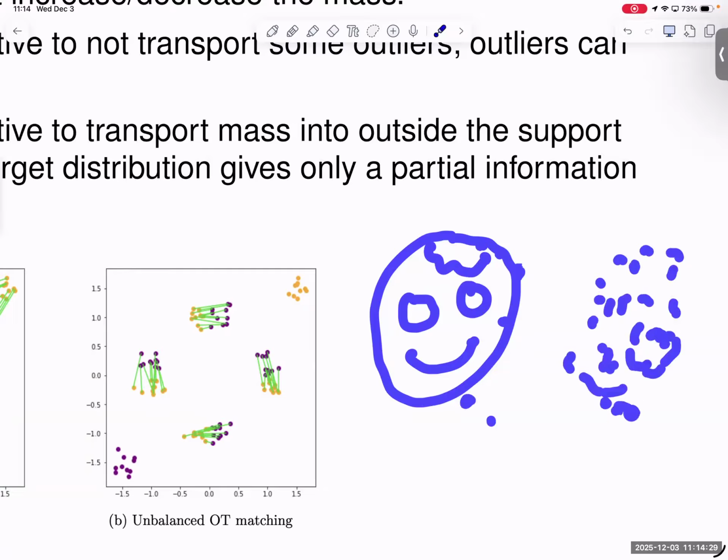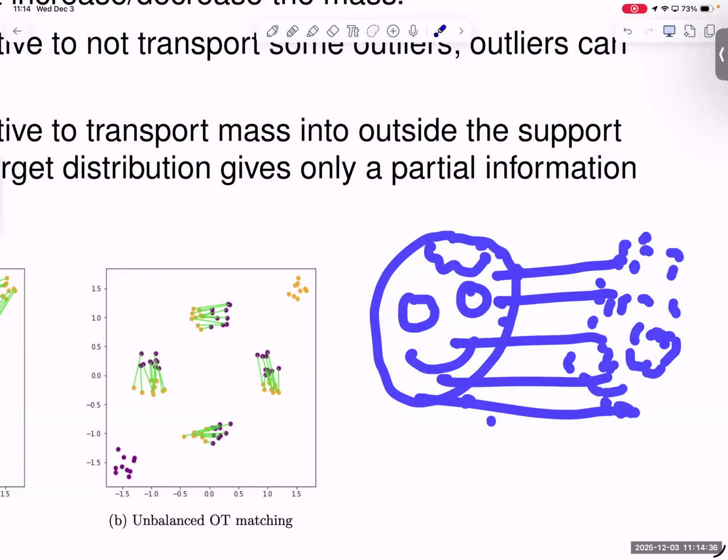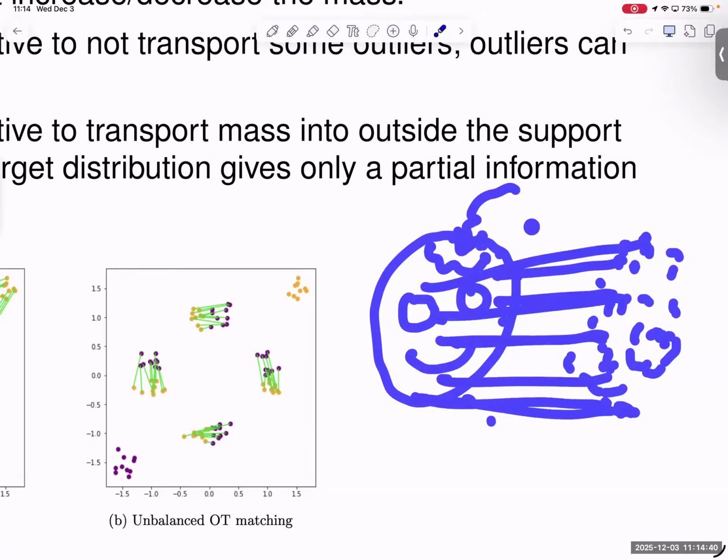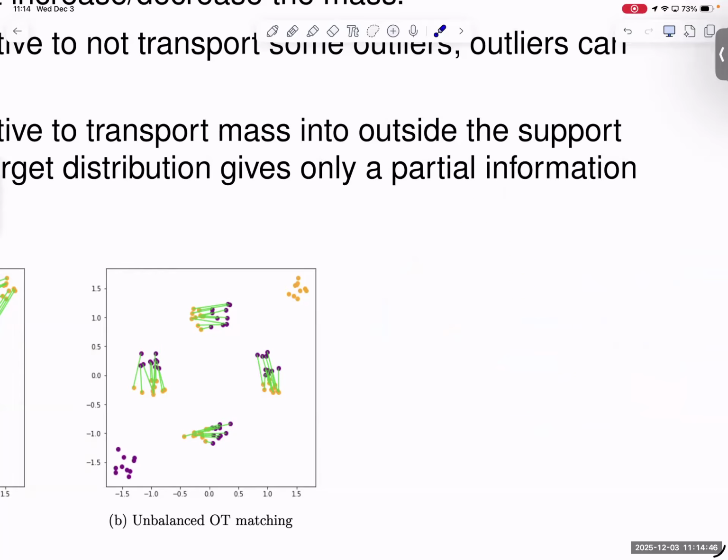If you do the usual optimal transport, you may just match these points in here, missing this part. But maybe unbalanced mass transport may still fill this missing part. Okay.